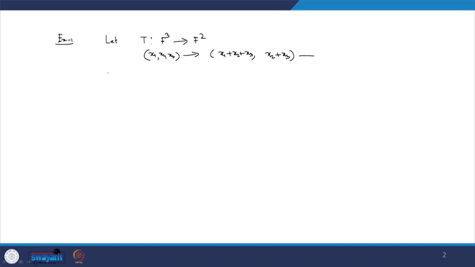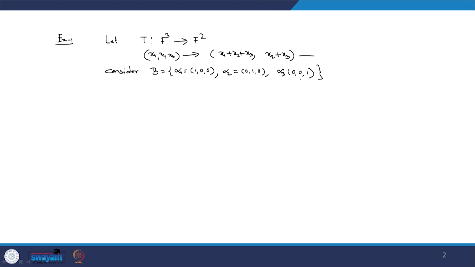So, consider B equal to say alpha 1 equal to (1, 0, 0), alpha 2 is equal to (0, 1, 0) and alpha 3 is equal to (0, 0, 1).